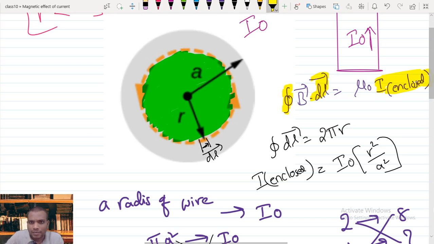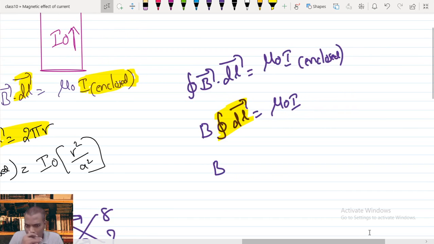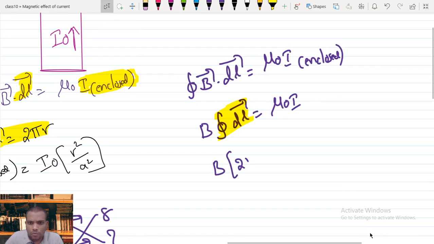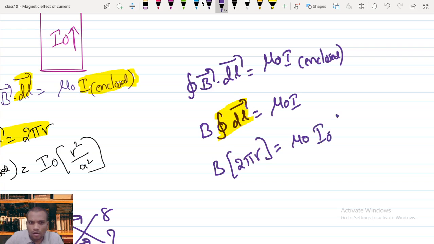We get the circumference, the closed integral of dl equals 2 pi r, where r is the radius of the Amperian loop we considered. So here I got 2 pi r times mu naught. The current enclosed is I only. Now what is the I value? I equals I naught r squared upon a squared.